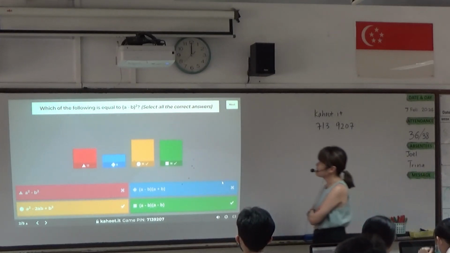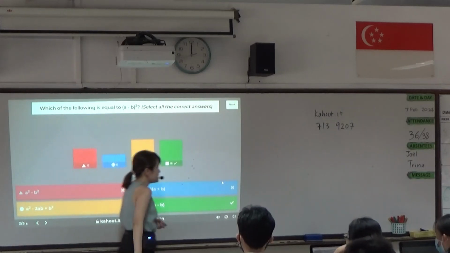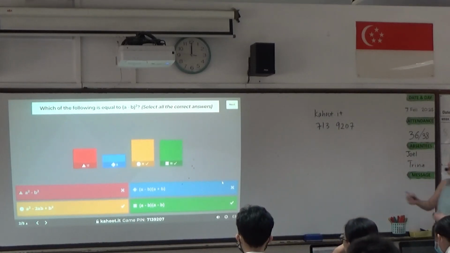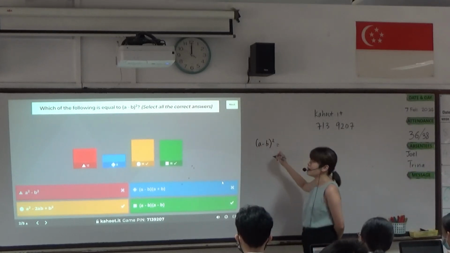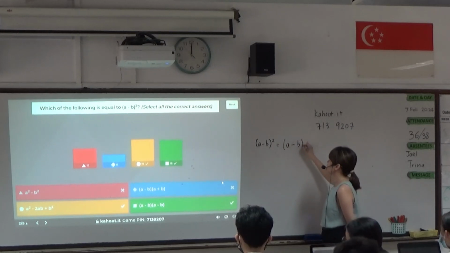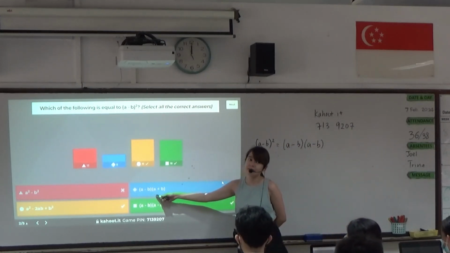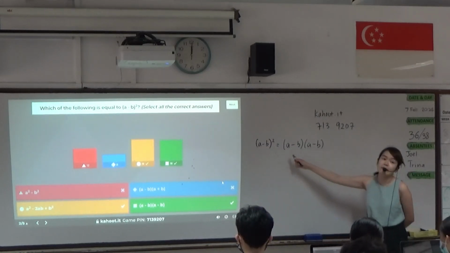So there are two people who tell me A squared minus B squared and this one. Okay, what did we say yesterday? When we have (A minus B) squared, it is repeated multiplication, so it's A minus B times A minus B. So it doesn't make sense that we get A minus B times A plus B, because they should both be the same. How can it be one plus the other minus?